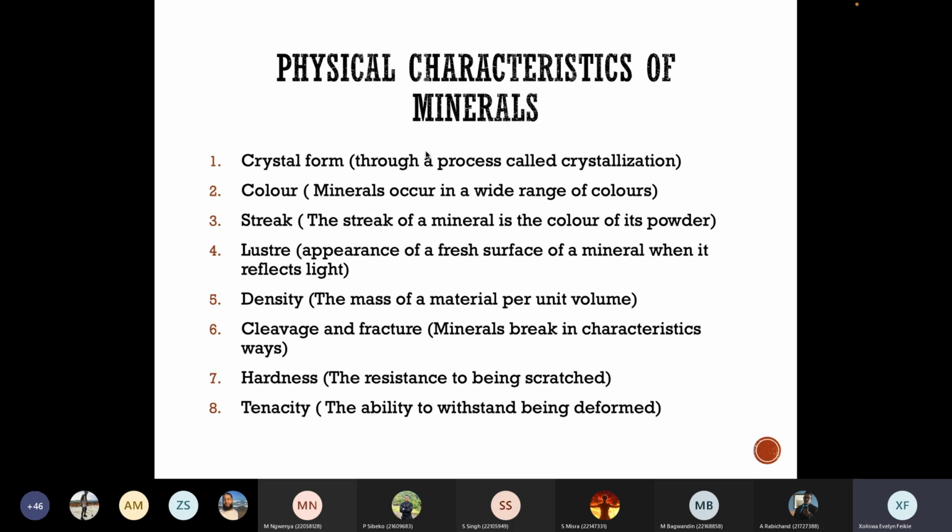Now, the other physical characteristic that they also deal with is the ability to withstand being deformed. If you take different types of rocks, some rocks, when you try to break them, will break. Some will not.